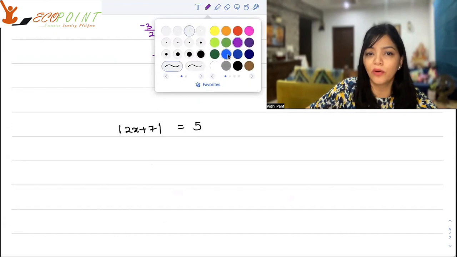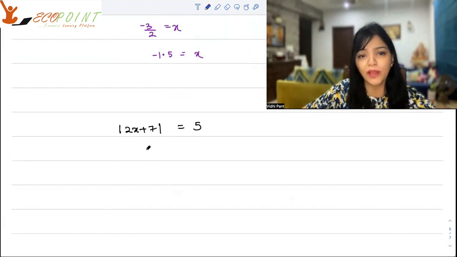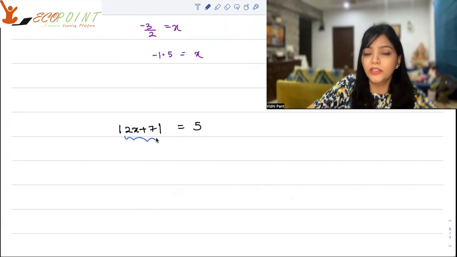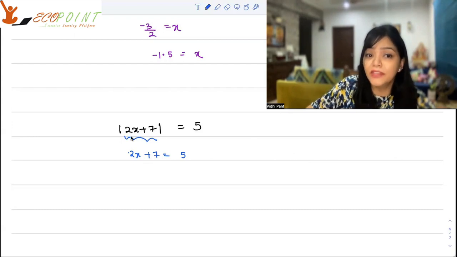If you have to solve for modulus of 2x plus 7 equals 5, what do you have to do algebraically? So you're saying that modulus of this term is equal to 5. This term, in case it is equal to minus 5, then also the modulus will give you 5.